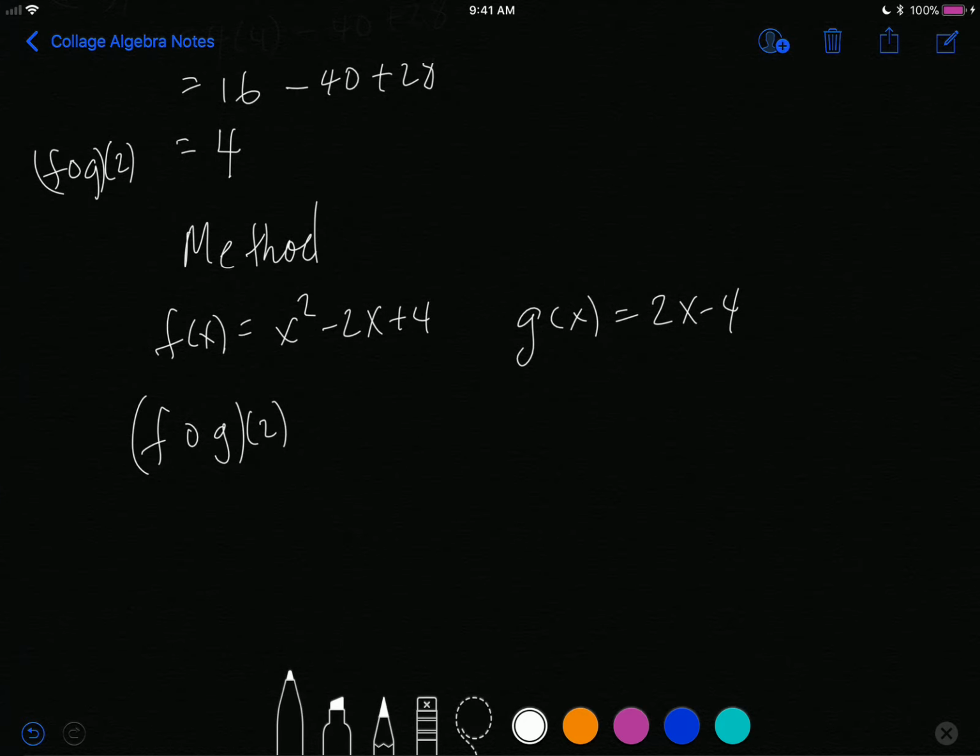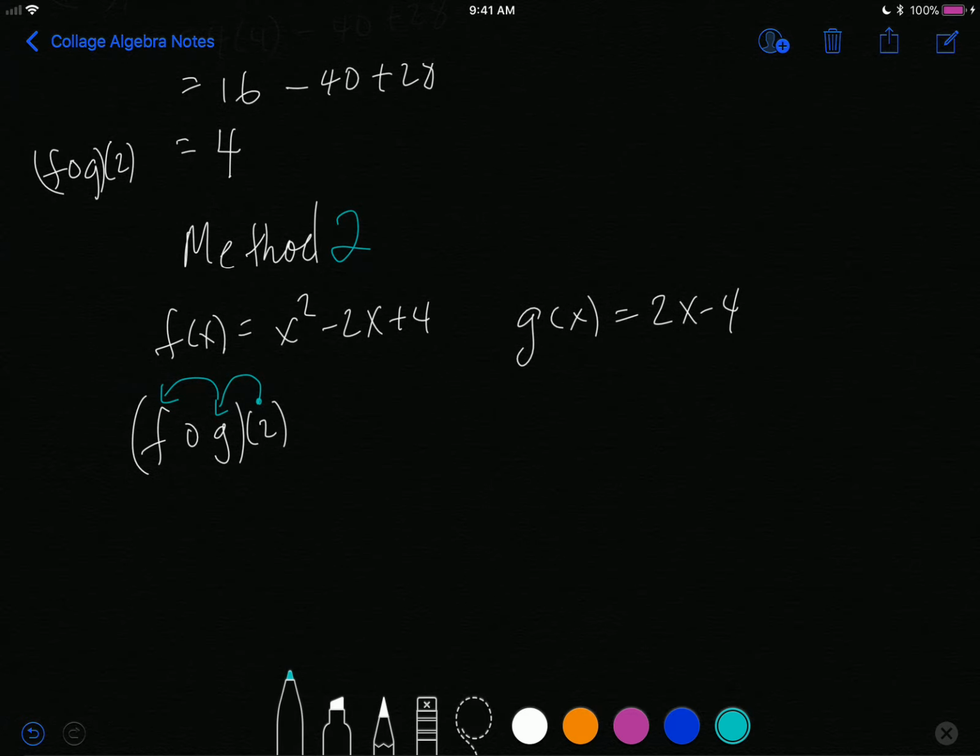The second method for solving this problem is to do the little bunny hop. You take 2 and you plug that into g. The result that you get, you plug that into f. And that is how method 2 works.